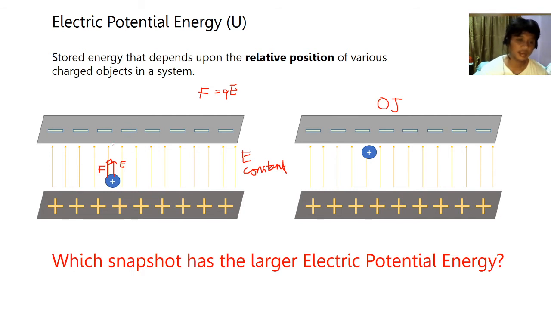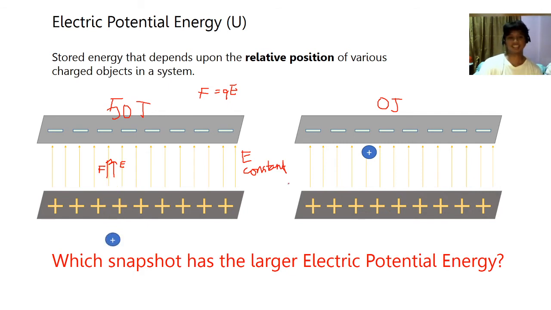And then here, it's far away from where it wants to go and is actually being repelled by these guys. So you can imagine there's a lot of tension here or a lot of pressure here. So it has a lot of energy stored. Maybe we can assign 50 joules, right? As long as it's greater than 0 joules.